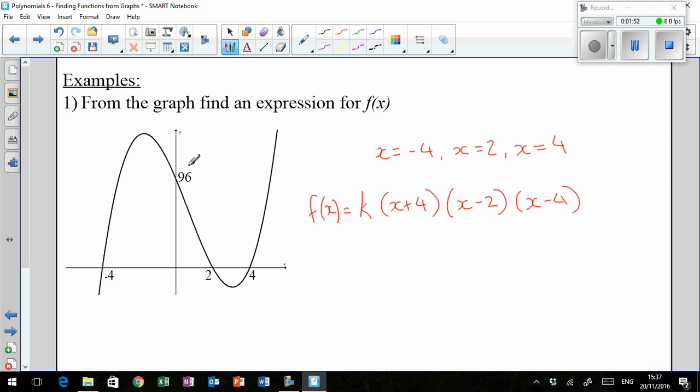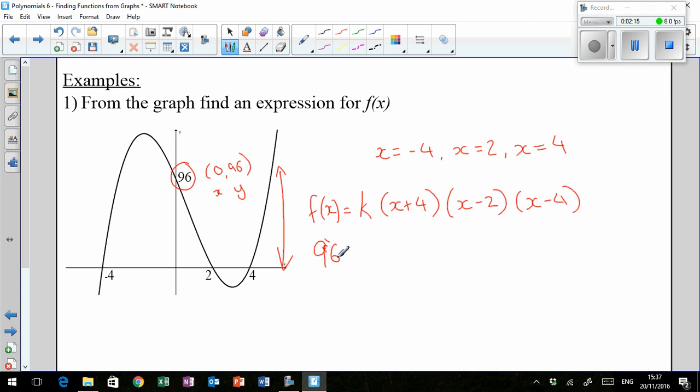What I do know, though, is this point here, which is (0, 96). So I can use that point as a reference point, because I know this number at the front stretches my graph vertically. So that will tell me exactly how much it has been stretched. So x is 0, y is 96, or f of x in this case is 96.